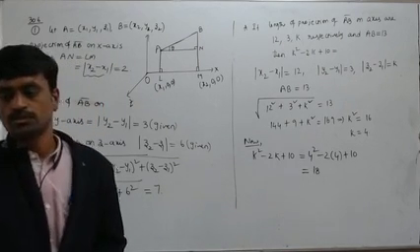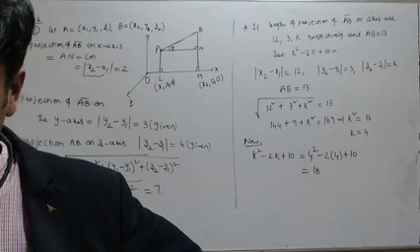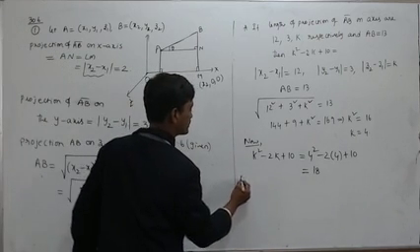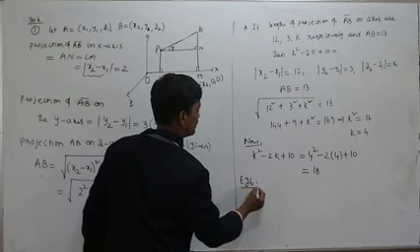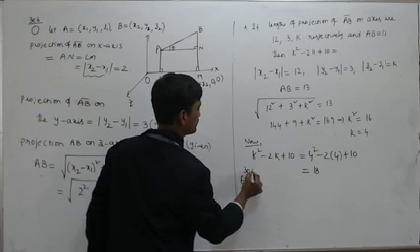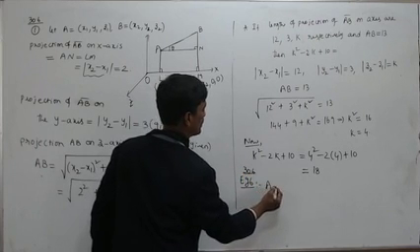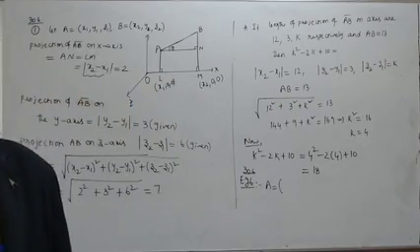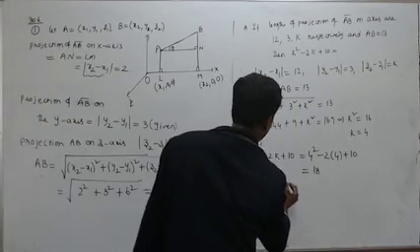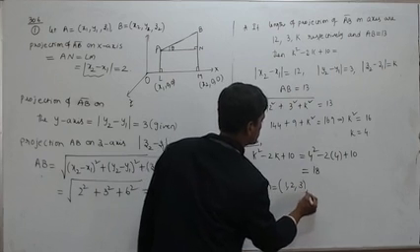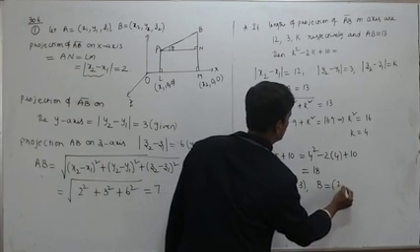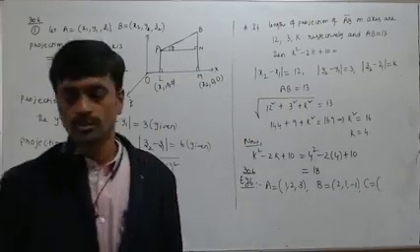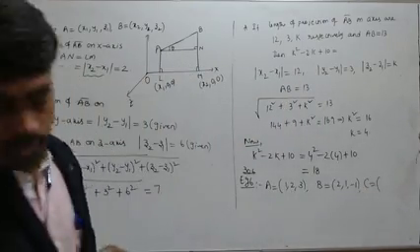So next, look at page number 30.6, example 6. Find the area of the triangle whose vertices are given: A is equal to (1, 2, 3), B is equal to (2, 1, minus 1), C is equal to (1, 2, minus 4).